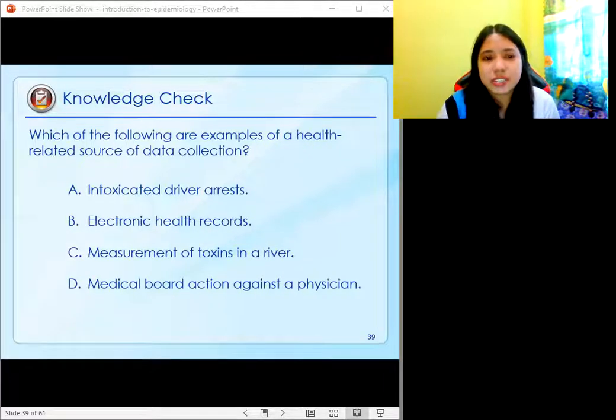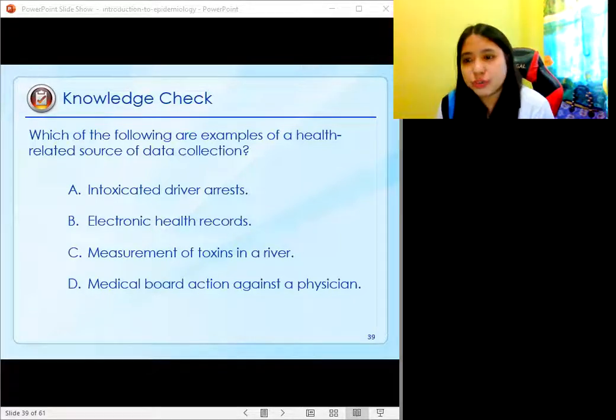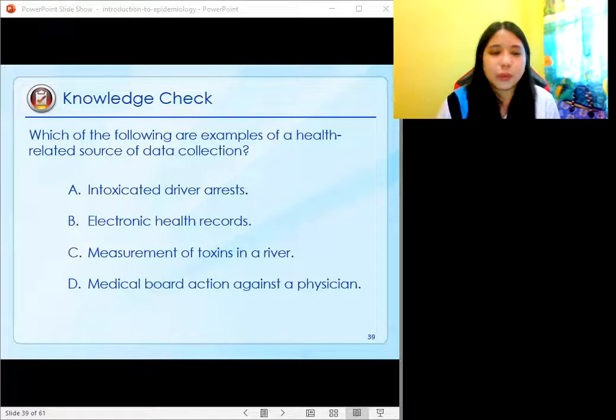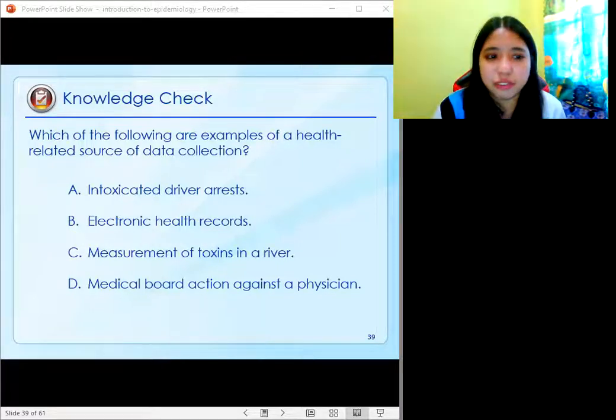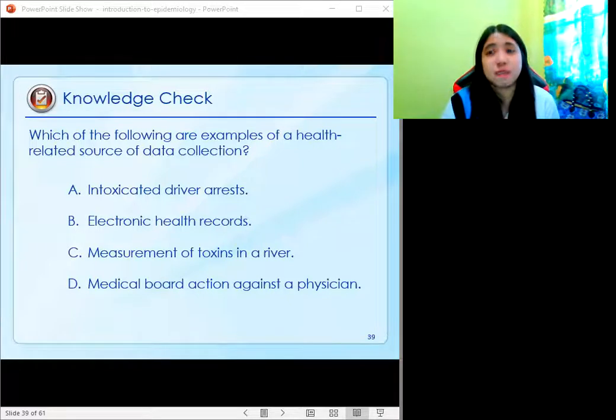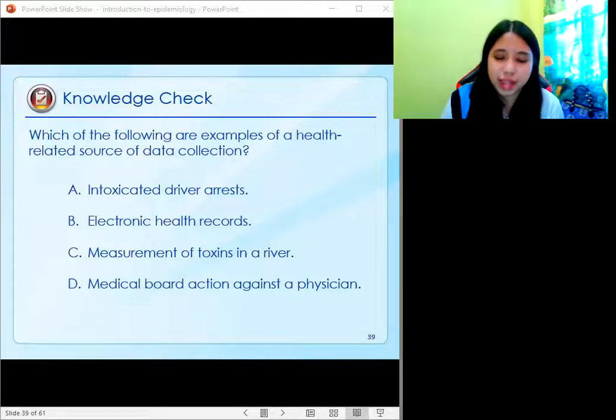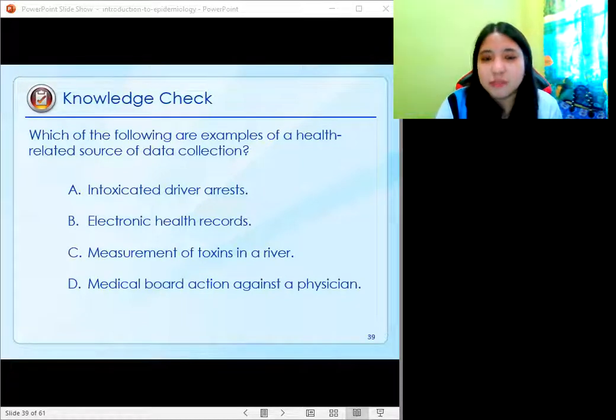And then for letter C, measurement of toxins in a river, we know for sure that if we have these toxins, it is possible that we can get some sort of health issues here. So letter B and letter C are the correct answers for this item. Well, for letter D, medical board action against a physician, it's obviously not a health-related source.